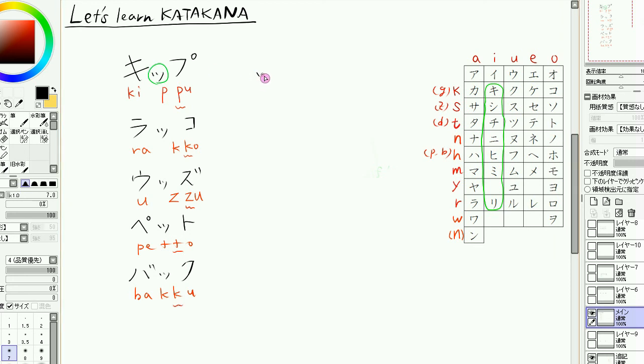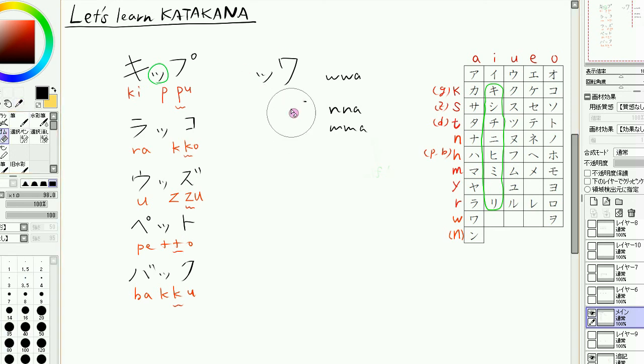So if we put small tsu before, for example, W sound or before N sound, it would be very difficult to pronounce. It's difficult to stop your breath before wa and before na or maybe n. It's impossible. So maybe there aren't so many words like these, I guess.